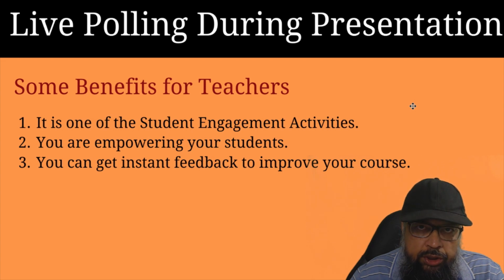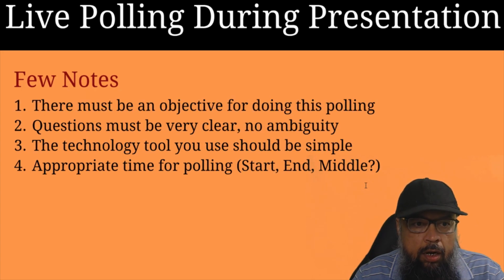However, when you are crafting your questions for online polling, you should take note of a few things, and these are listed here. The number one thing is that there must be an objective for doing this polling, and you should align your questions with your objective. Questions must be very clear. There should not be any ambiguity in the questions and there should not be too many questions.